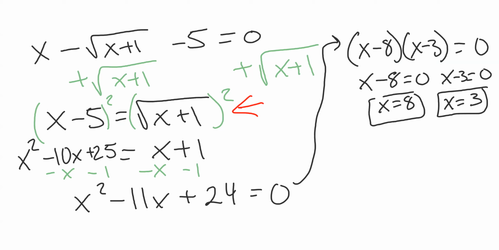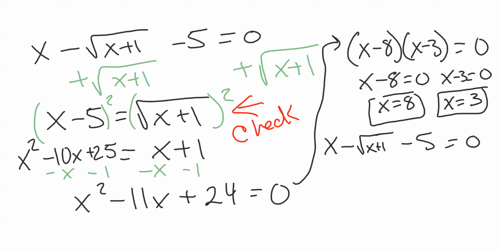So we need to check back in our original equation. So our original equation is x minus the square root of x plus 1 minus 5 equals 0. Let's plug in our 8 for our x.